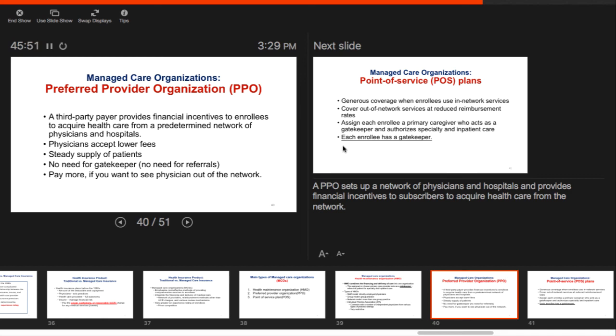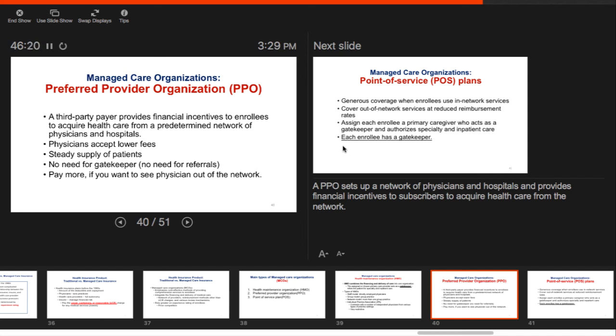People were not happy with HMOs, so the insurance companies came up with a new, less restricted version of the managed care organization, called the Preferred Provider Organization, PPO. A PPO sets up a network of physicians, hospitals and providers, with financial incentives for subscribers to acquire healthcare from the network.